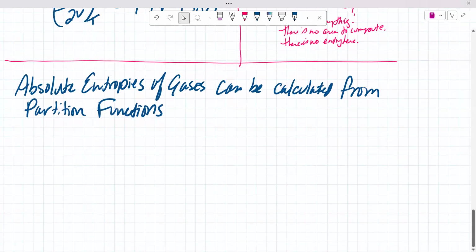So what is the relationship between entropy and the partition function? Let's find out.